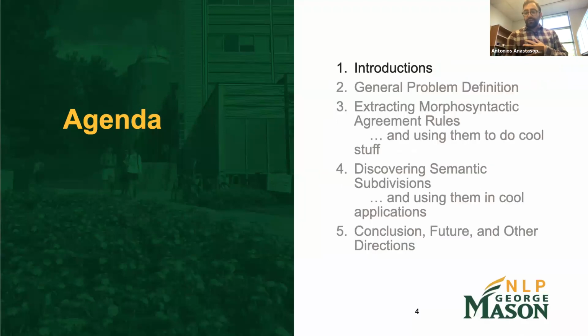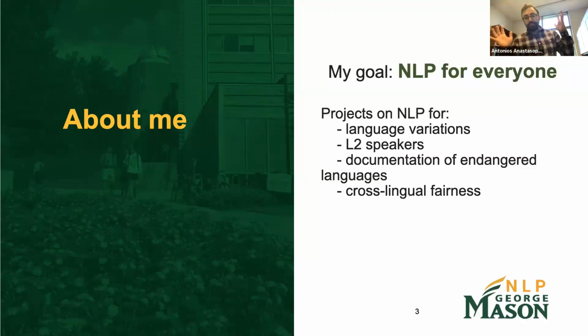And that means that I have several different projects that involve NLP for dialects, which are largely ignored in modern NLP literature, NLP for L2 speakers. So for example, I'm a non-native English speaker, and that means that my English is slightly different than a native speaker's. So I want Google to understand me just as well as it understands my wife.